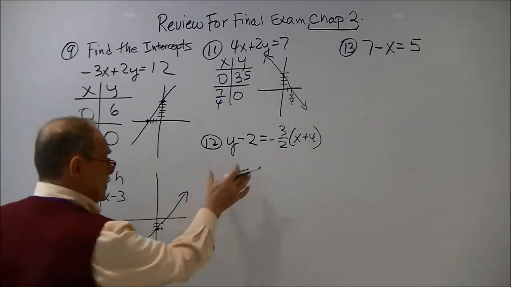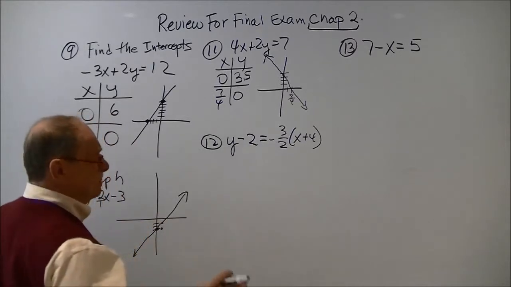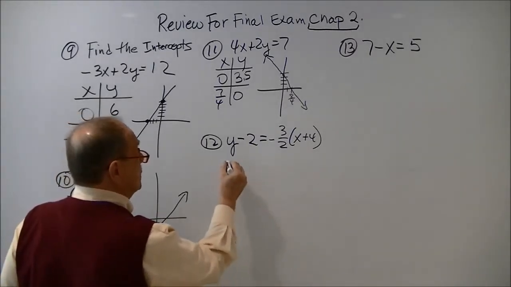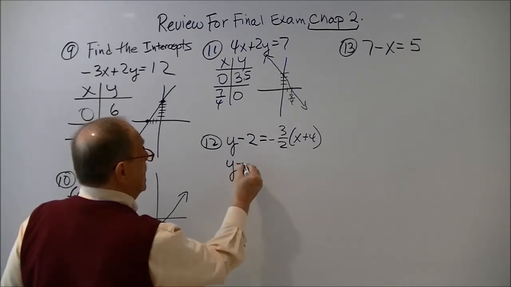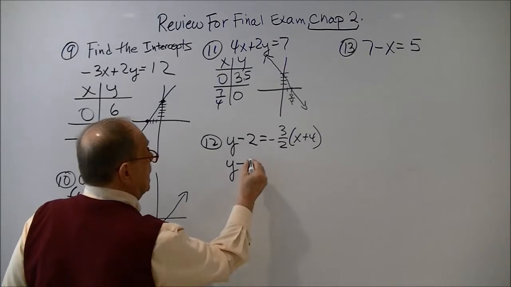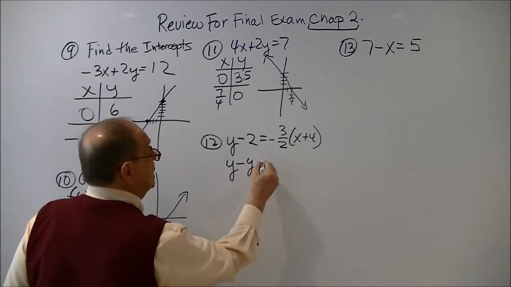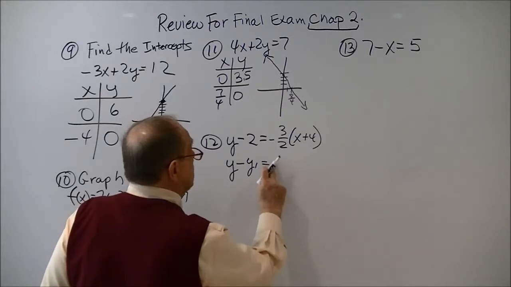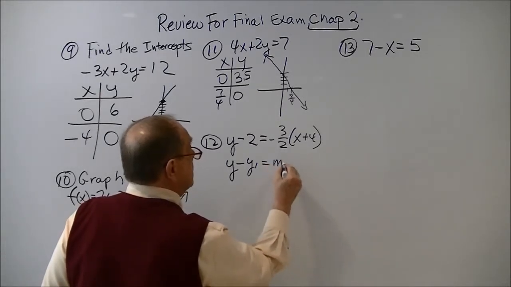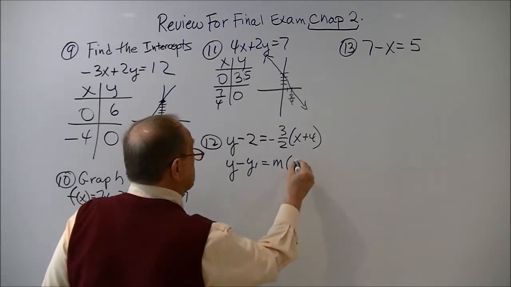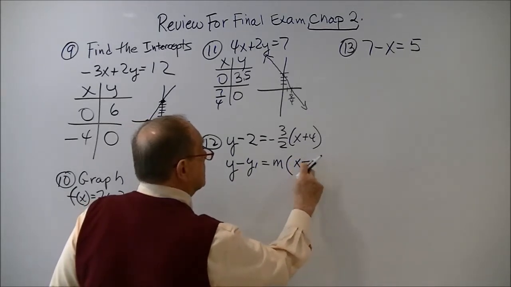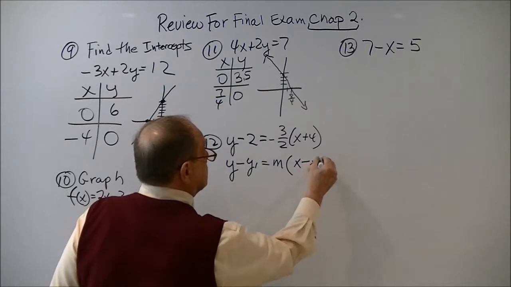All right, now for this one, you might recall it's in a special form. This one's in the point-slope form, where it was y minus y sub 1 equals m times x minus x sub 1.